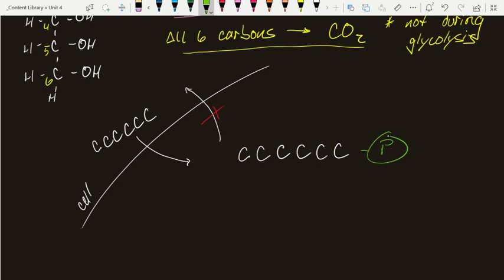This has 2 purposes. Number 1, it starts the process of oxidation. Number 2, it prevents that glucose from leaving the cell, essentially keeping my glucose concentrations very, very low inside the cell because instead of glucose, now I have glucose 6-phosphate.